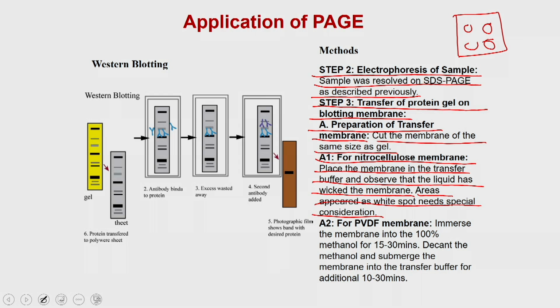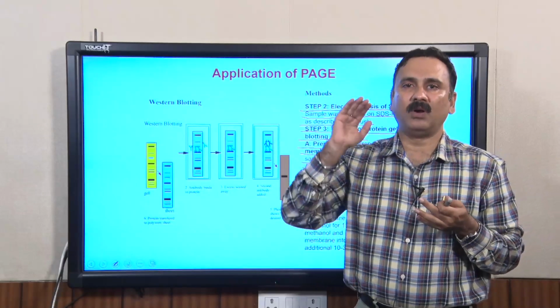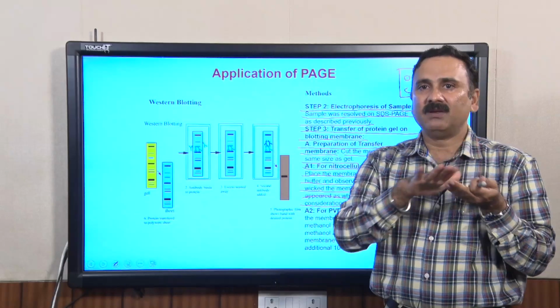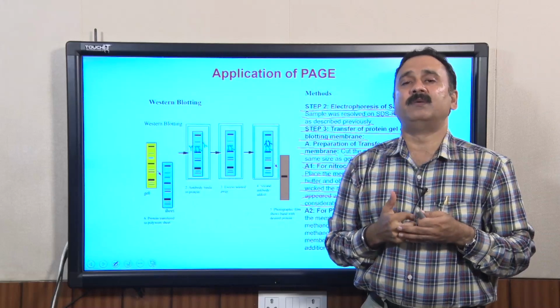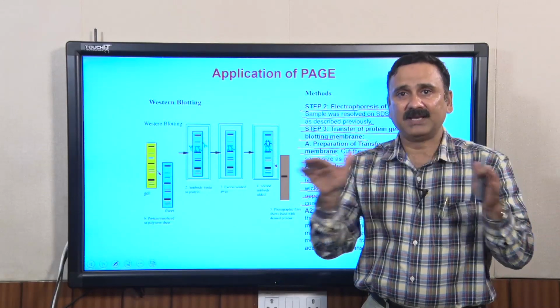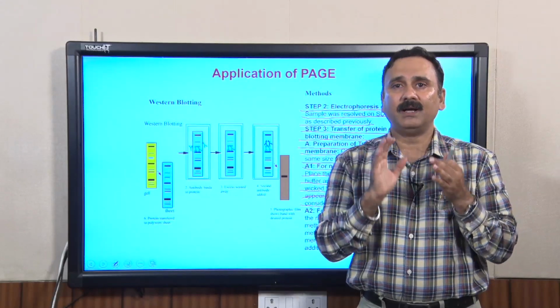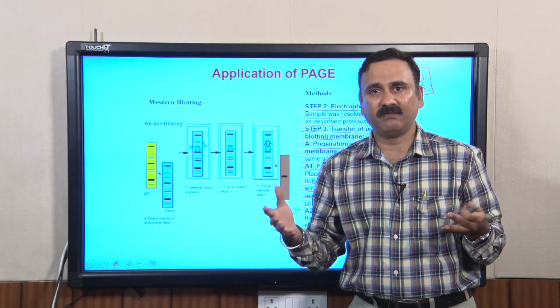These white spots are the places where the membrane has not taken up your transfer buffer. You have to incubate the membrane for a longer period of time, so that these white spots also become wet, which means the complete membrane should be of uniform appearance, because these white spots will give you non-specific binding of antibodies and may give you different types of artifacts.